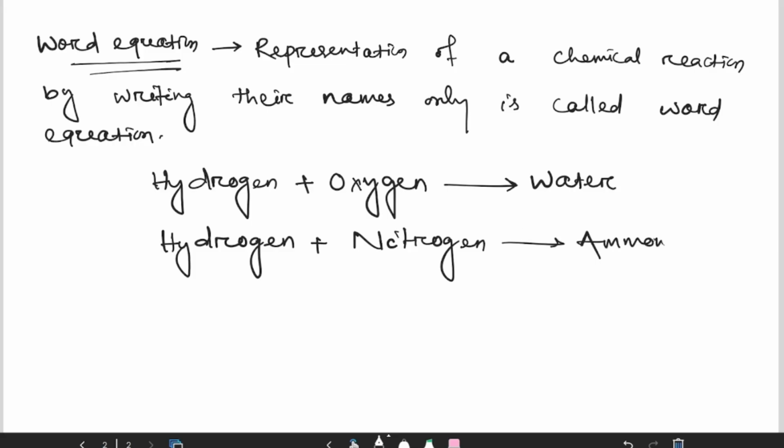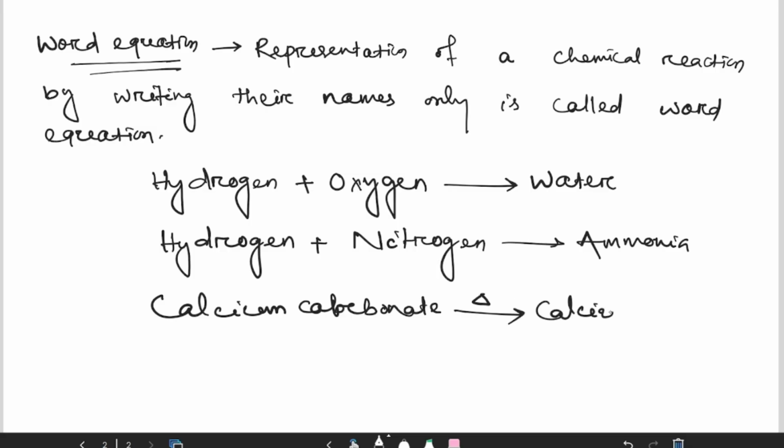Let me write calcium carbonate decomposes to give calcium oxide plus carbon dioxide. So this is how to represent a word equation. This is the process that you should follow to represent a word equation. That's very simple, nothing to worry about.